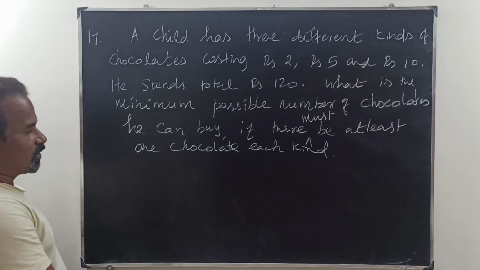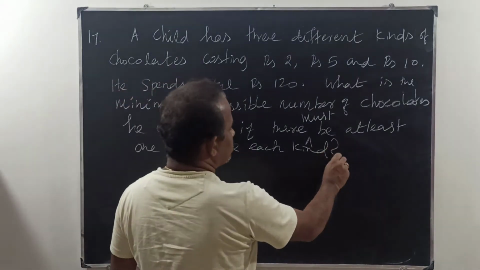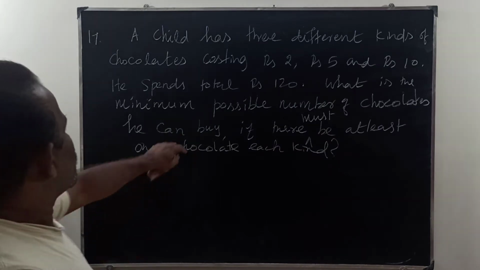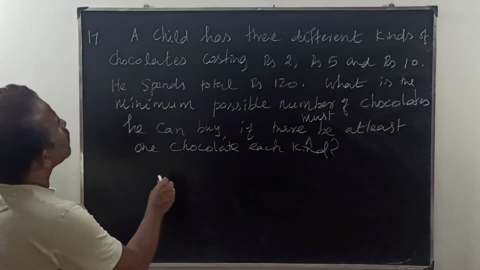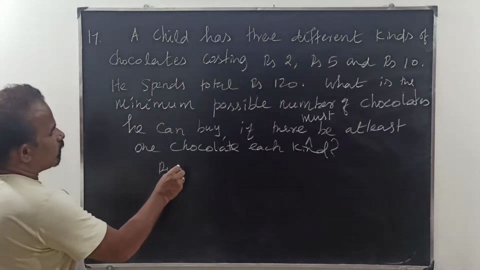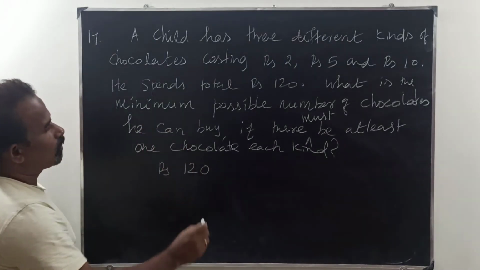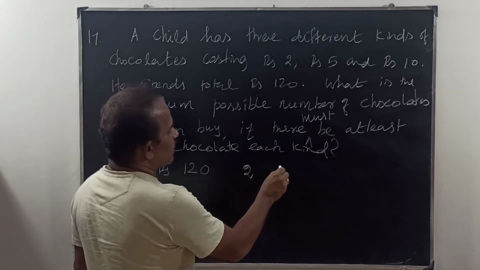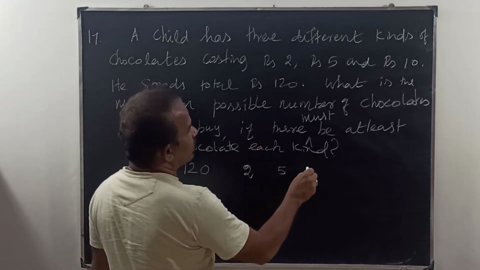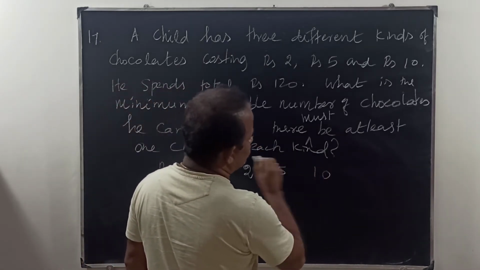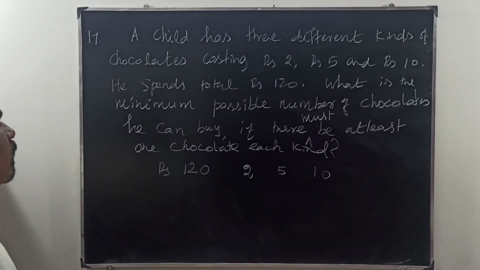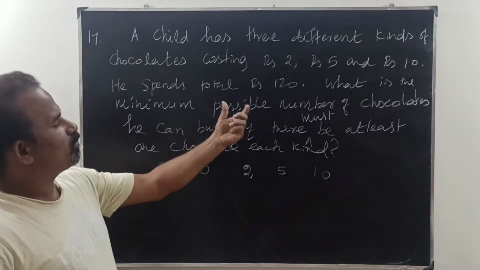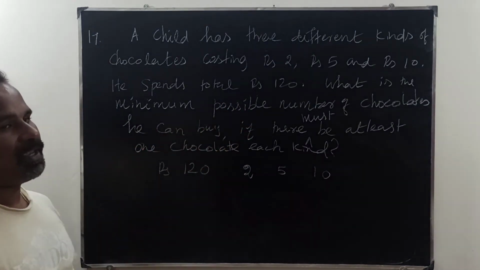Here a child has rupees 120. He has to purchase 2 rupee chocolate, 5 rupee chocolate and 10 rupee chocolate. So what is the minimum possible number of chocolates he can buy?